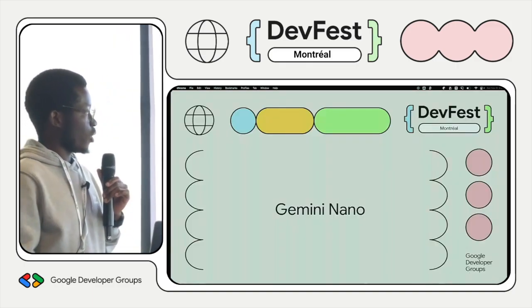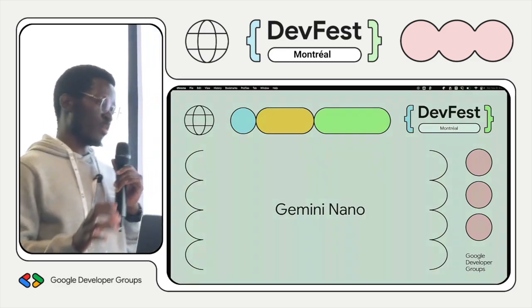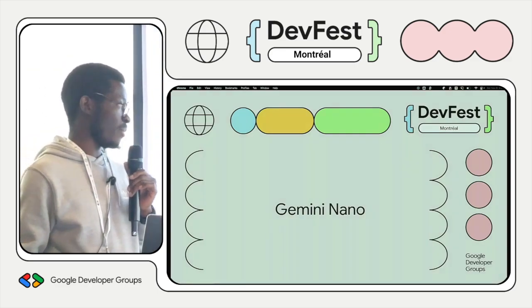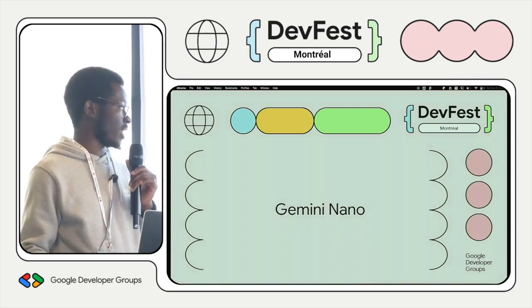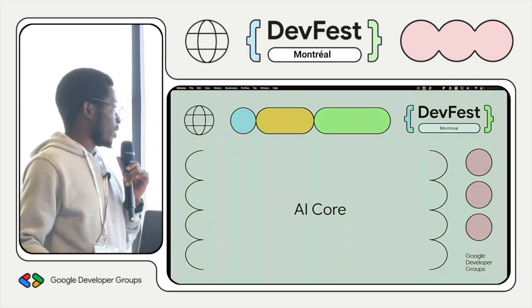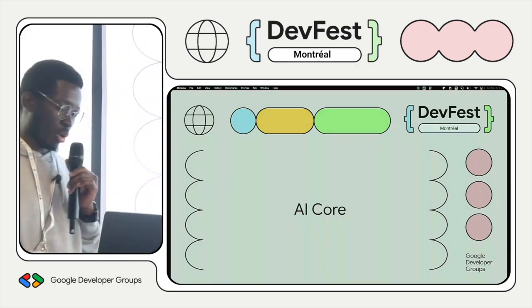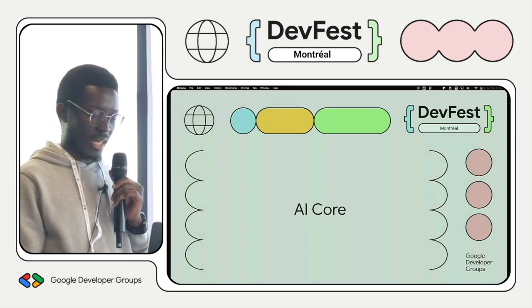So let's talk a little bit about Gemini Nano, the smallest model of the Gemini family, which is meant to be run on device. Gemini Nano is brought to us using AI Core. And what is AI Core exactly?